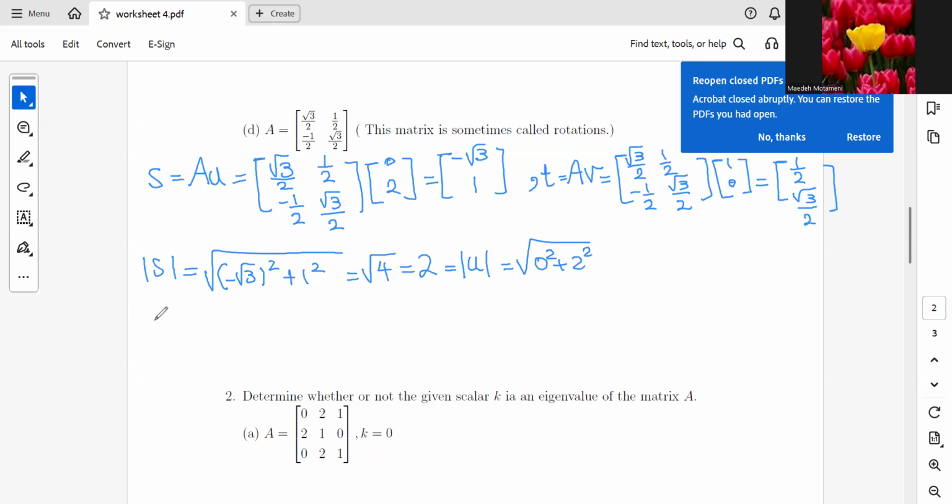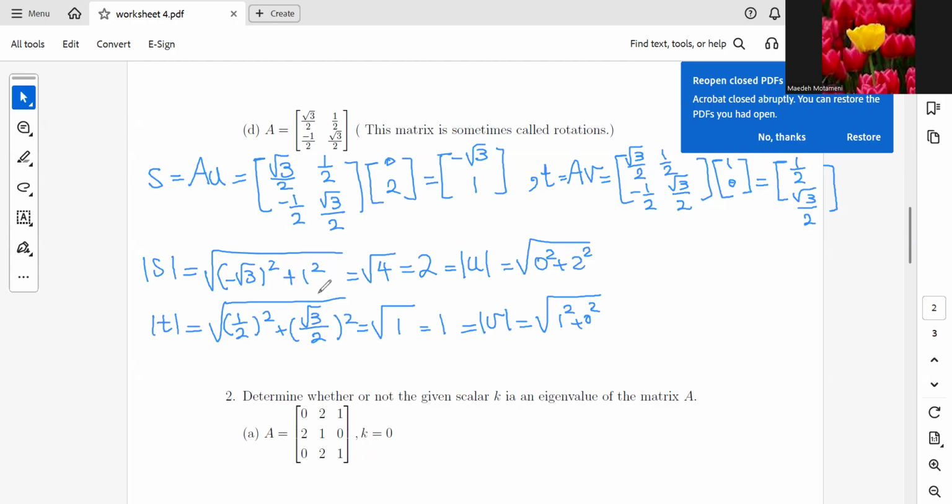Also, the length of t will be square root of 1 over 2 squared plus square root of 3 over 2 squared. And this one will be square root of 1, which is, of course, 1. And this is the same as the length of v, which was square root of 1 squared plus 0 squared. So the length of the new ones is the same as the old ones.